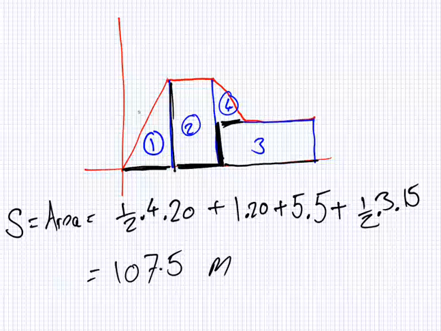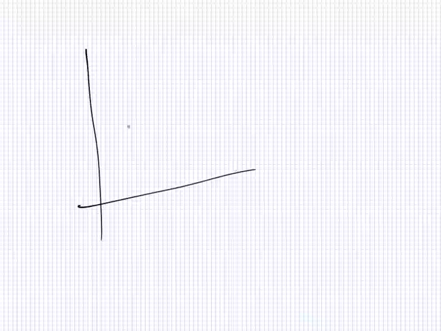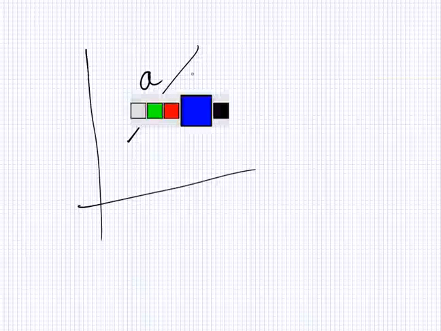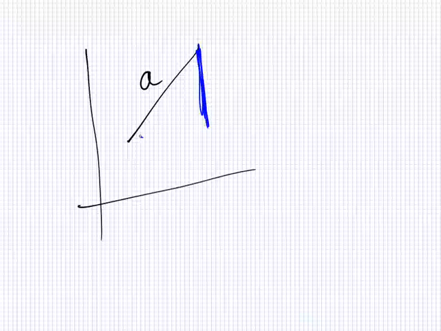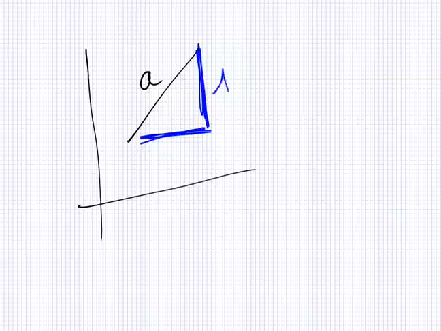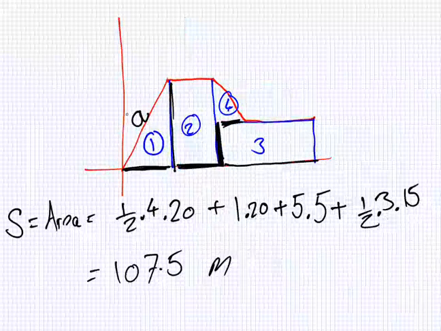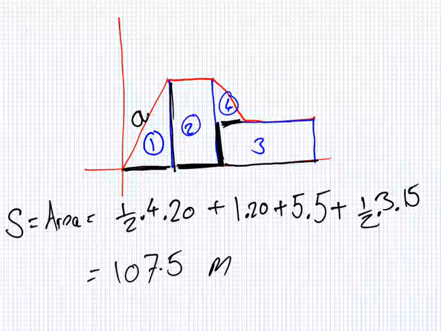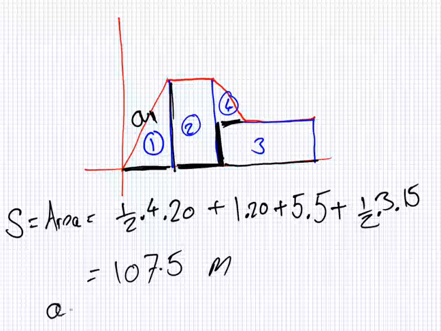Next, it maintains its speed for 5 seconds, so it goes like this. Next, suddenly decelerating to rest in 4 seconds. Okay, so this is the graph you should have.